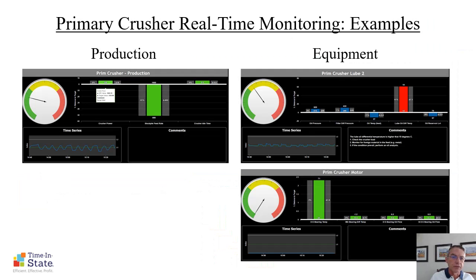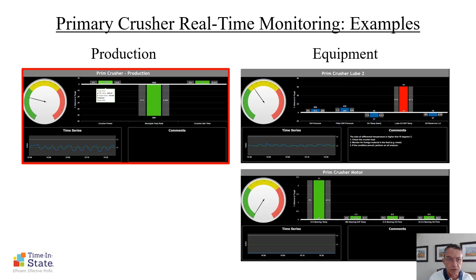Here we see an illustration of the respective models that we deployed for production and equipment monitoring. On the left-hand side, we're monitoring production rate, and we look at the tip rate, in other words the rate at which trucks deliver material to the crusher. There is your feed rate from the rock box as well as your crusher power, because all of that tells us about the production components of the primary crusher.